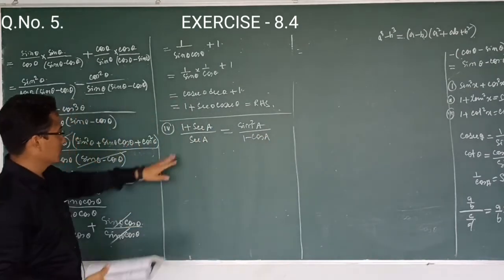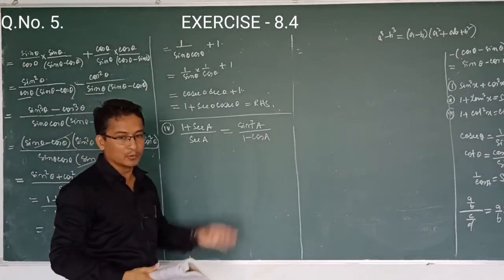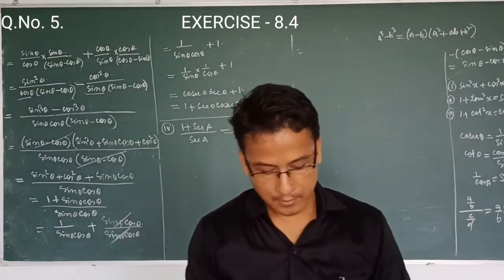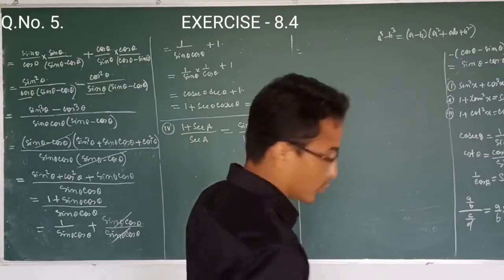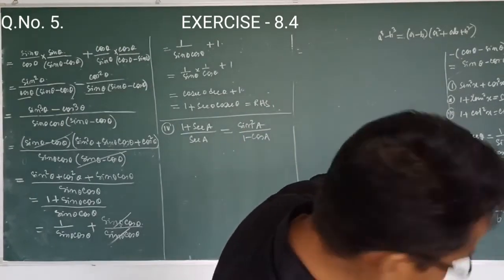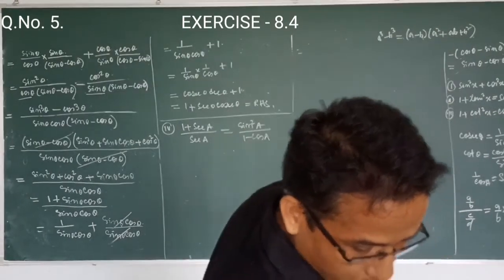So we are going to prove it like that. Clear? So 1 plus sec a by sec a equals sin square a by 1 minus cos a.